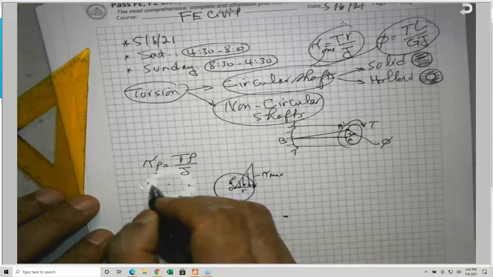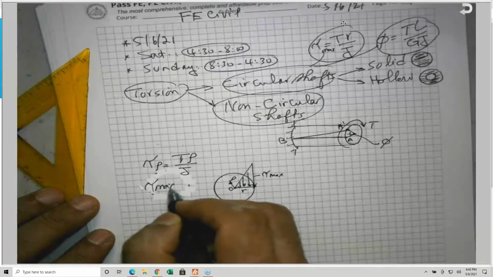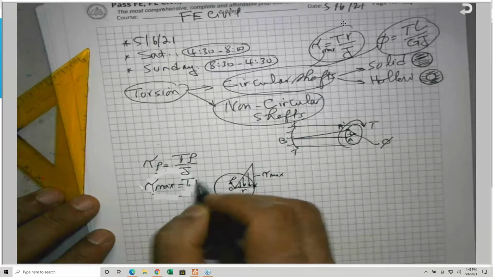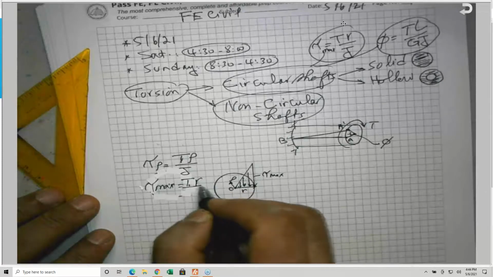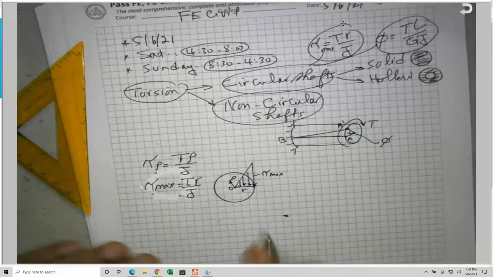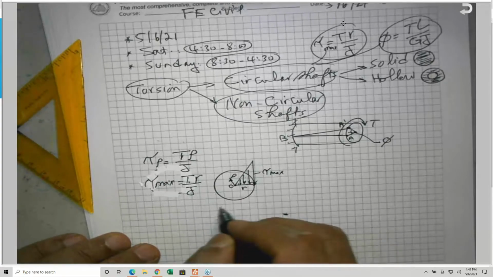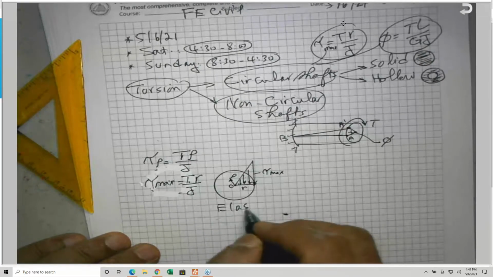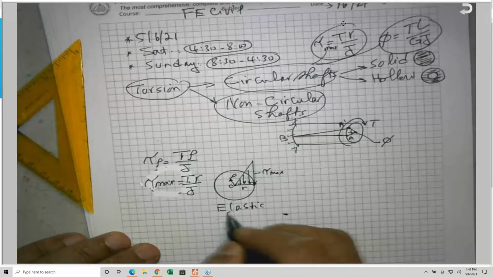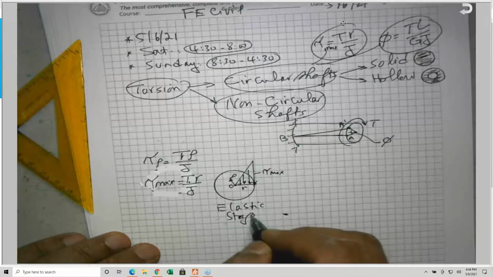And the tau max will occur on the outer fibers when tau is equal to TR divided by J. So I need you to know that. By the way, this is within the elastic stage, where the material is still elastic.